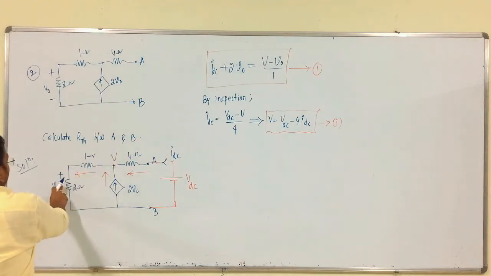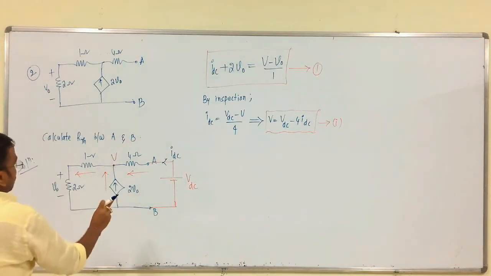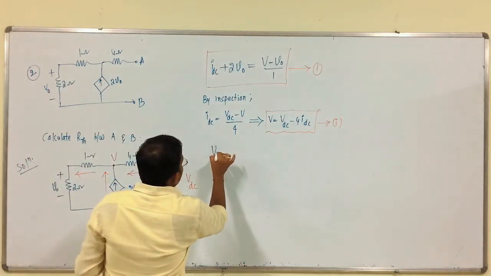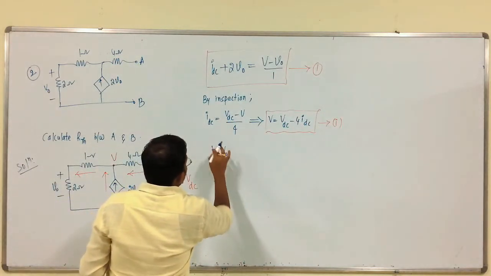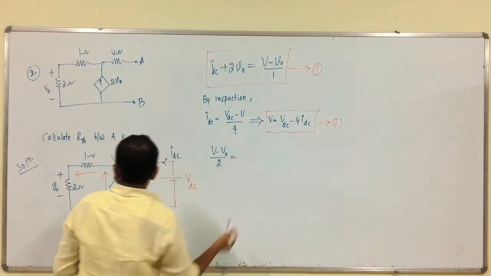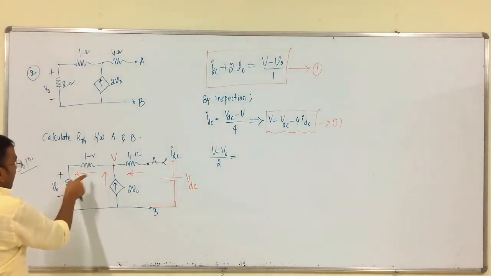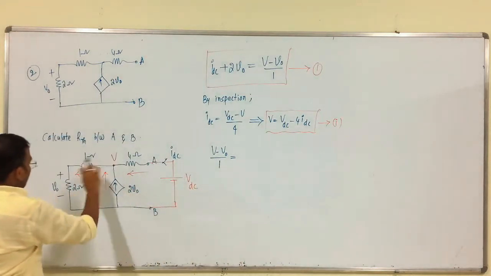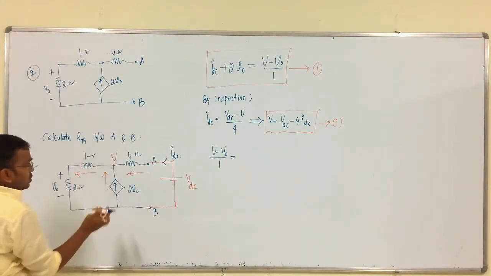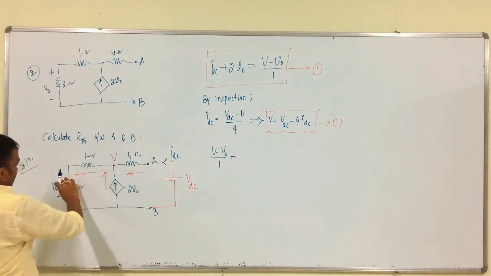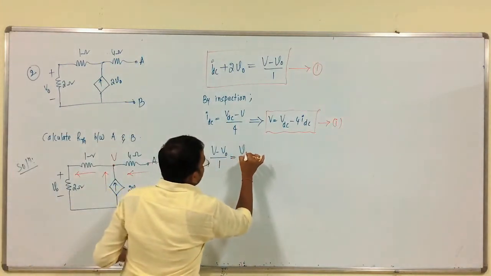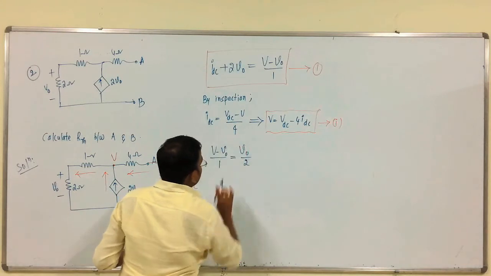V minus V naught by 1, which is equal to V naught by 2, which is nothing but the current in this branch, V naught by 2, that is it.